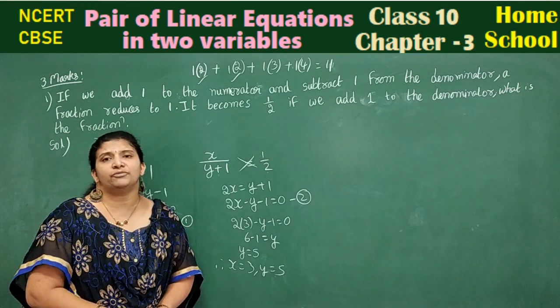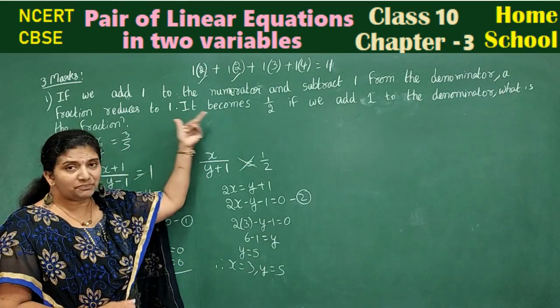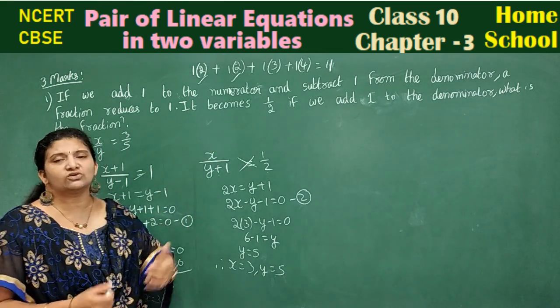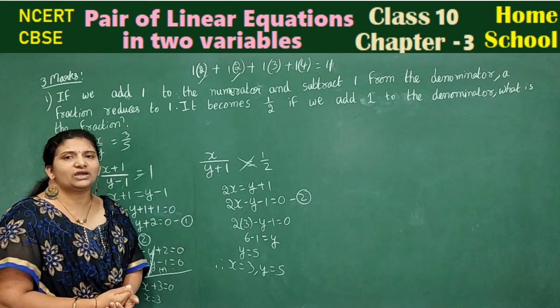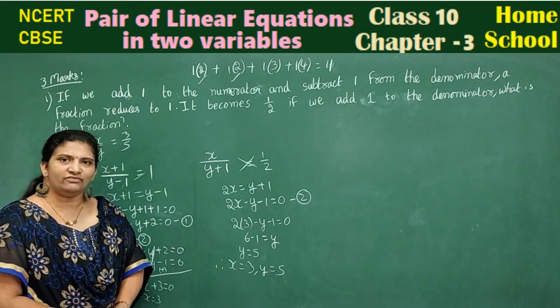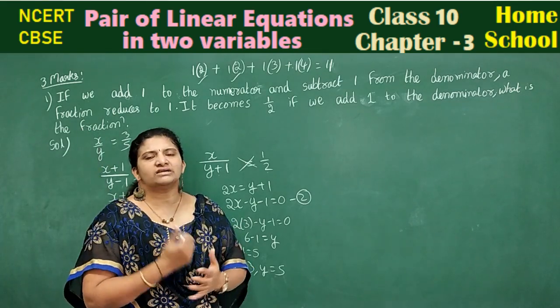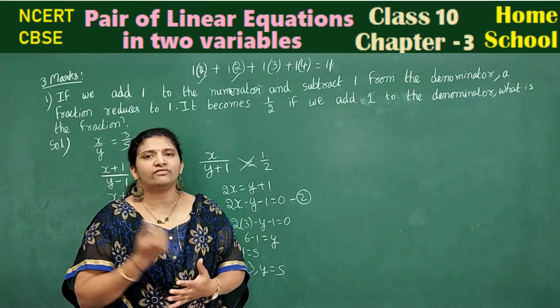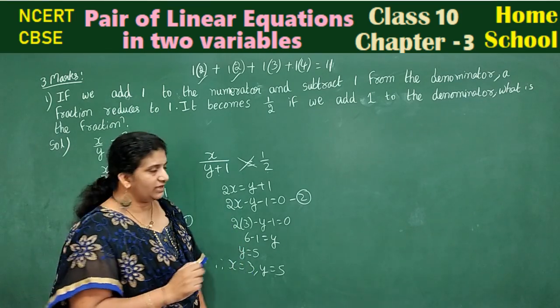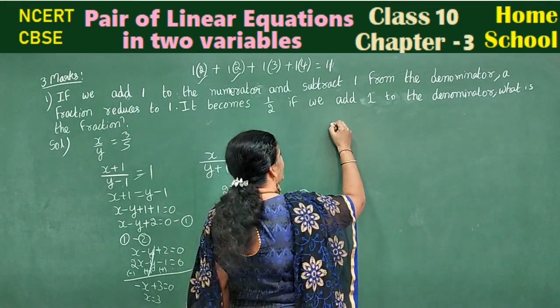Understand this verbal problem. Understanding the problem and framing equations is the only difficult part. After framing the equation, simplification will be very easy. In this 3 marks, we can expect 3 to 4 varieties of problems. One is fraction.